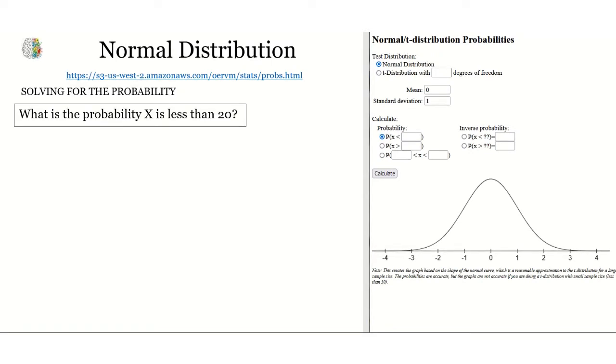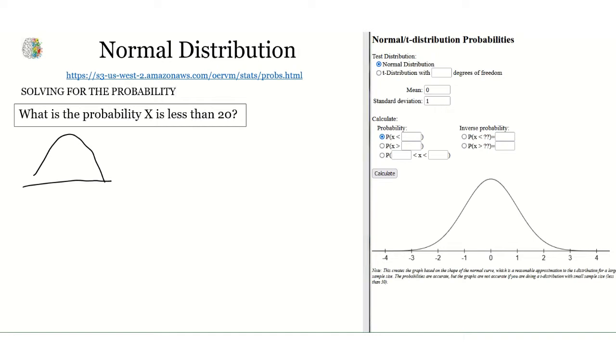Now let's look at how to solve some probability questions. Our first question says, what is the probability that x is less than 20? So if we were to graph that, what would we expect?